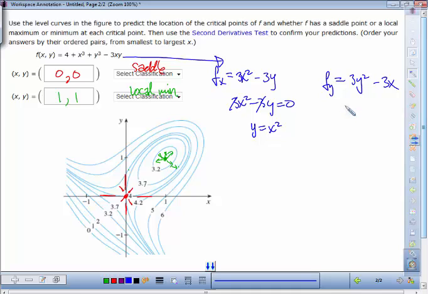So we do the same thing over here. 3y squared minus 3x equals 0. Again, we take the 3's out, and then x is equal to y squared. So at all these points in your xy plane, when x is equal to y squared, your derivative with respect to y is equal to 0.